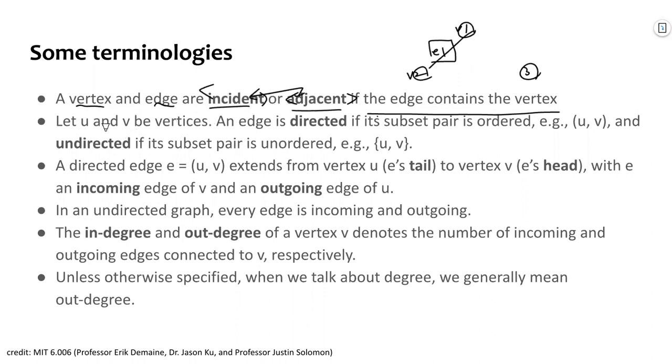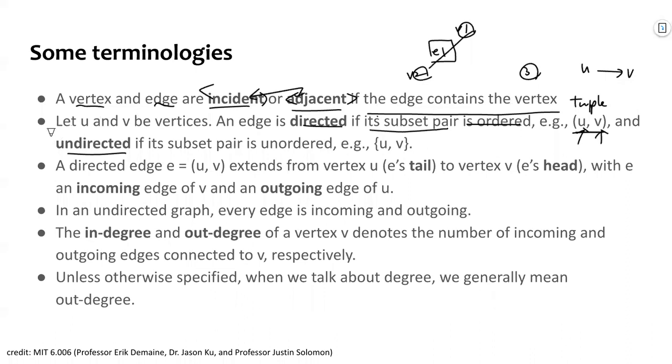And the second term we want to talk about is directed or undirected. We talked about it in the previous slide. If the subset pair is ordered using these parentheses or tuple, then this is the starting point and this is the end point, so (U, V) like this. In this case, if edges have directions, then we say the graph is directed.